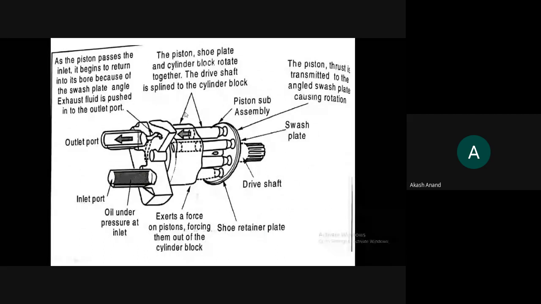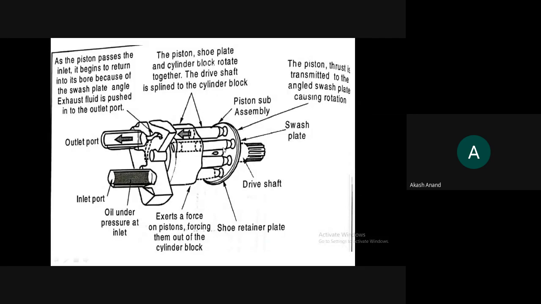The piston shoe plate and cylinder blocks rotate together, and the drive shaft is splined to the cylinder block. So this is the arrangement of a piston motor.